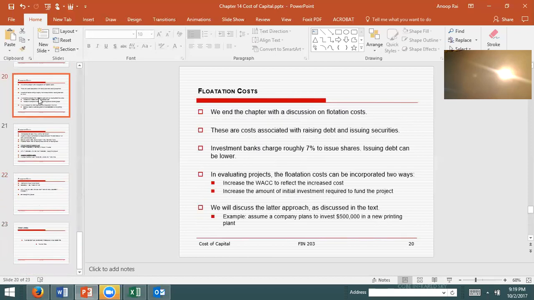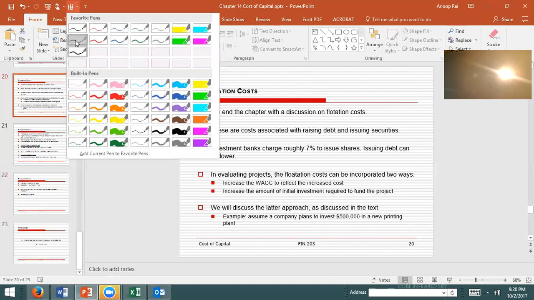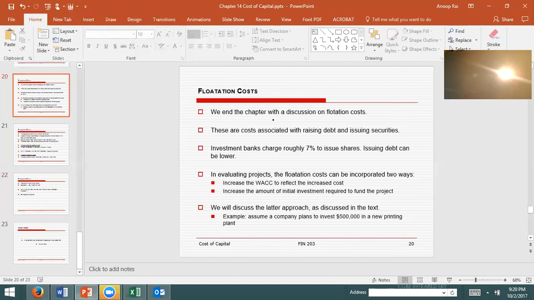The final topic in this is flotation costs. It's just another twist to the mechanics of it, but nothing major at all. In most of these companies that end up borrowing, either through bonds or stocks, it's not cheap. They have to pay a certain amount to the investment bankers like Morgan Stanley, Salomon Brothers, Merrill Lynch, etc. There's a huge cost associated with raising debt and issuing securities.